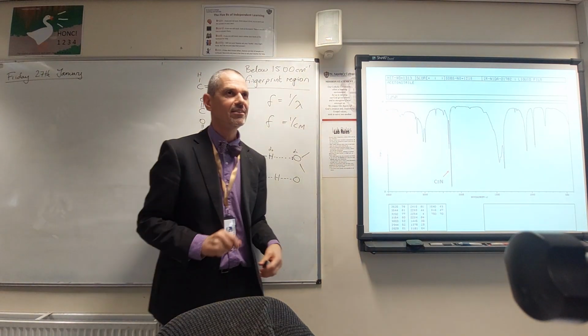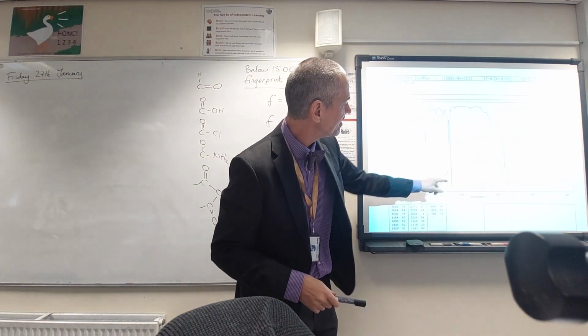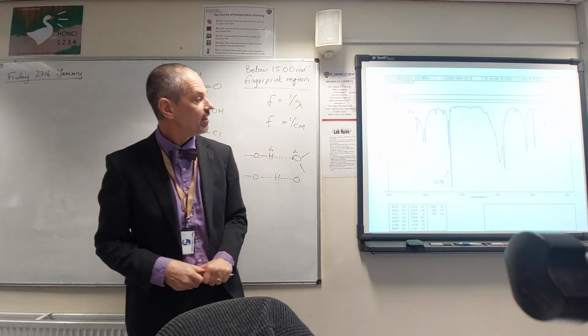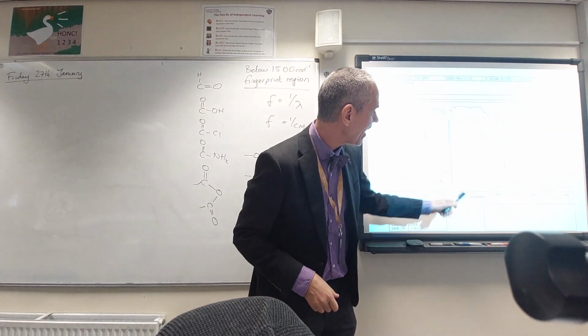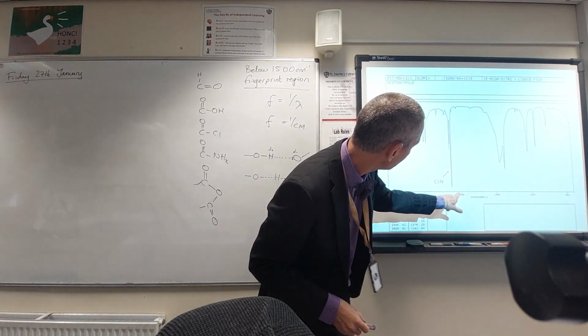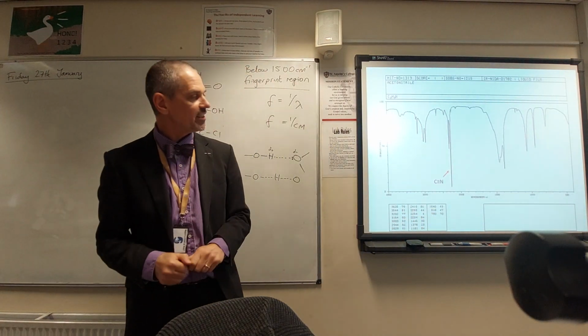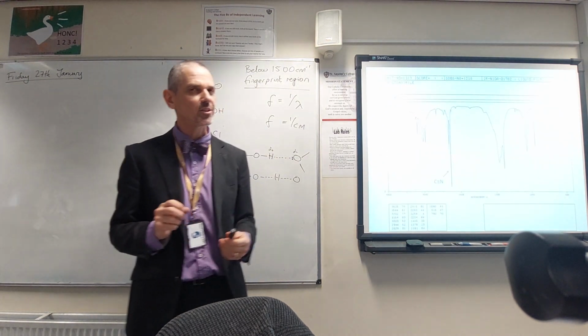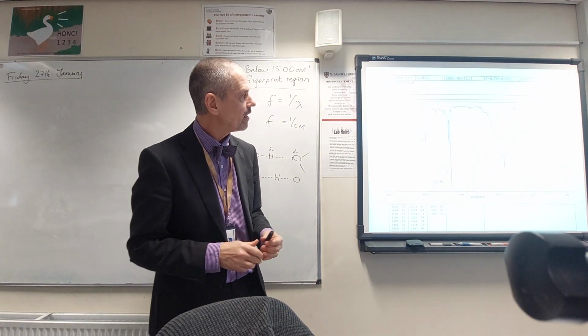Very sharp. There it is. There's a carbon-nitrogen triple bond in nitrile, and it's appearing pretty much bang on 22 something, 2230, 2240, and it's very sharp. So that's quite an easy one to spot.